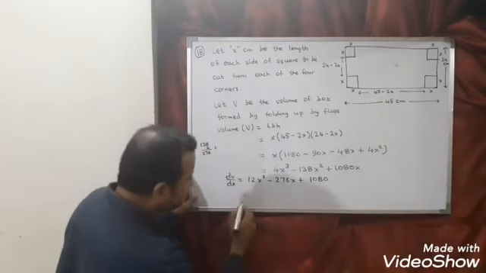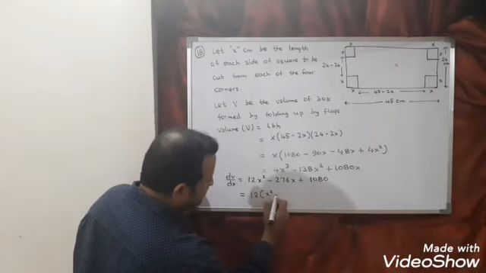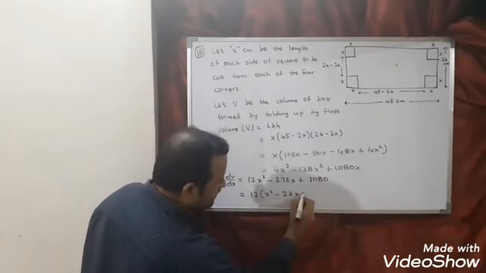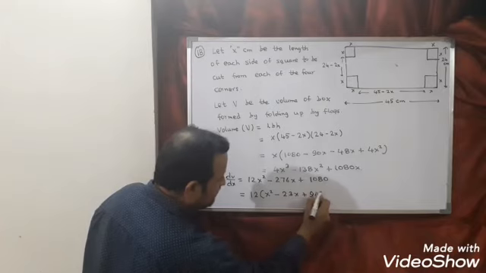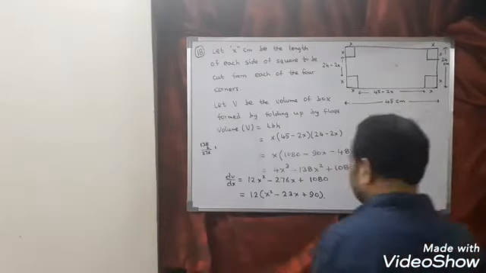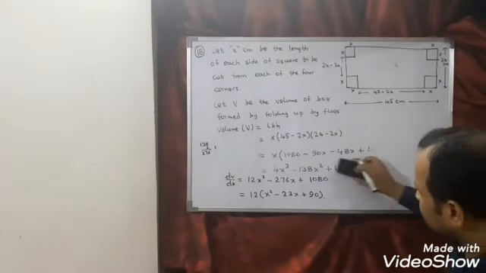So I think something we can take common. So here I am taking 12 common. So what you will get? x square minus 23x plus 90. Right, if you factorize, tell me what you will get. So do the factorization.